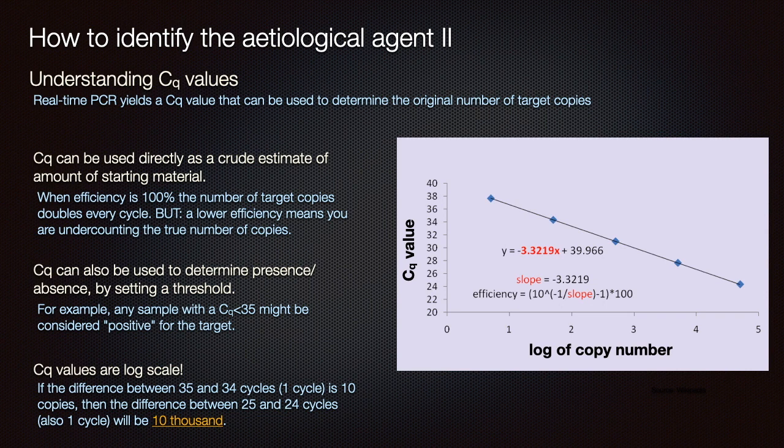In this example, the efficiency of our primers is 99.16%. We plot log of copy number against CQ value and determine the equation of that line, y equals minus 3.3x plus 39.96. We can calculate the slope of that line, minus 3.3, and from the slope of that line, determine the efficiency of our primers.